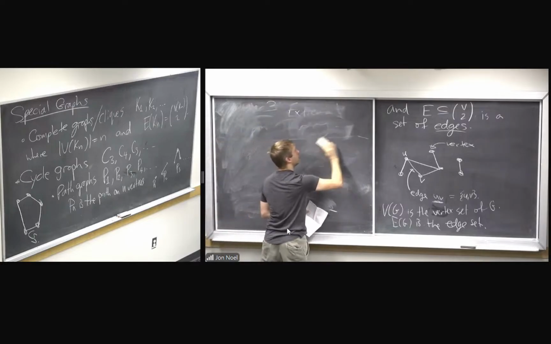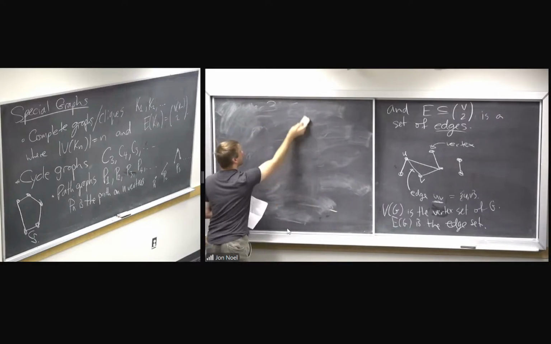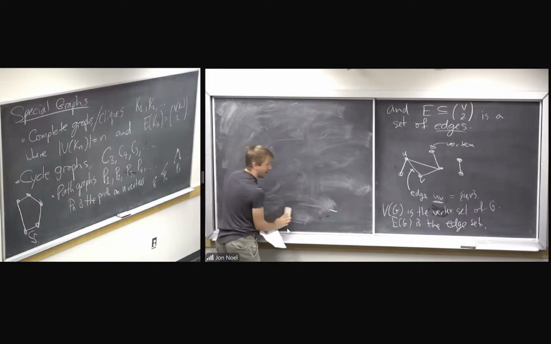So 2 graphs are isomorphic if they look exactly the same.